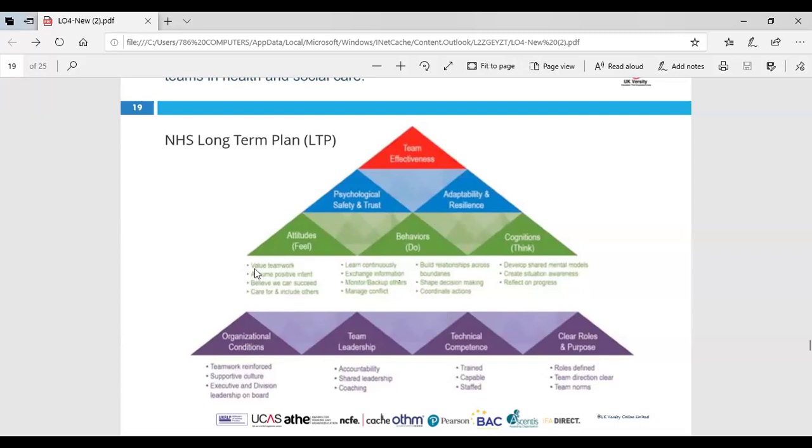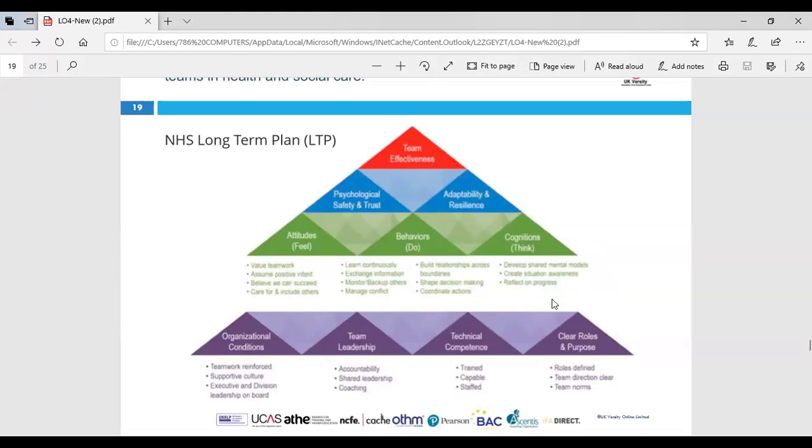So in the attitudes, you have the feelings that you express. So that's valuing teamwork, assuming positive intent, believing we can succeed, caring for and including others. So there's inclusivity also in that. Behaviors, what will you do? Learn continuously, exchange information, monitor, back up others, manage conflict, build relationships across boundaries, shape decision making, and coordinate actions.